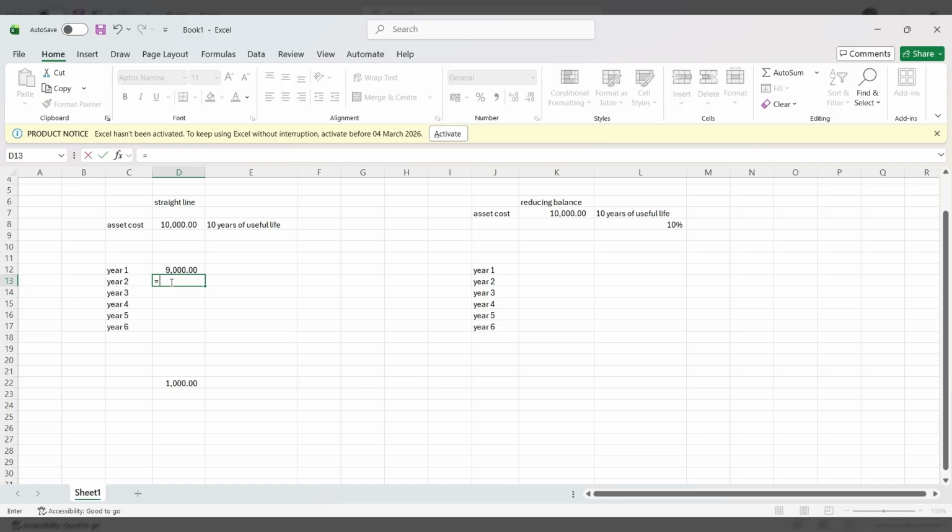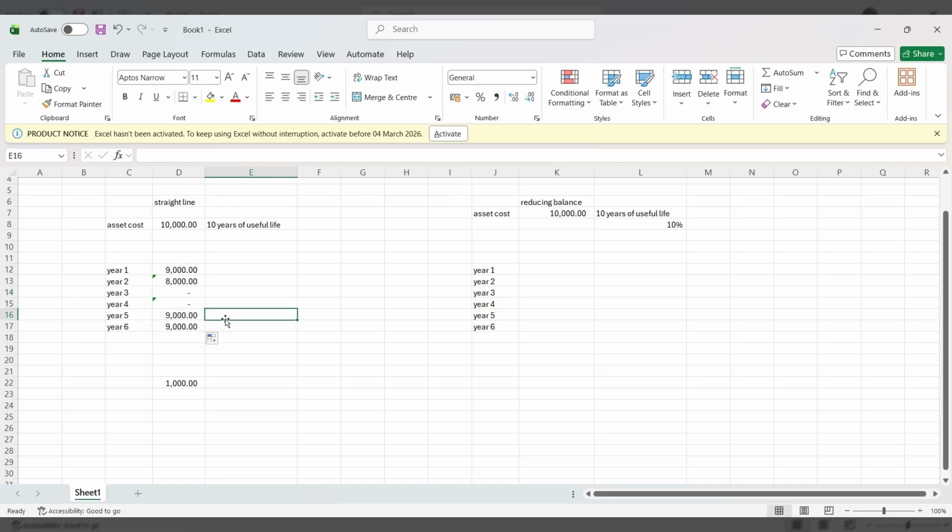Same again in year 2. The value is 9,000 because that's what it ended up being at the end of year 1. So at the end of year 2, it's 9,000 minus 1,000, because that's the yearly depreciation expense. If I just drag this down, I hope this works.